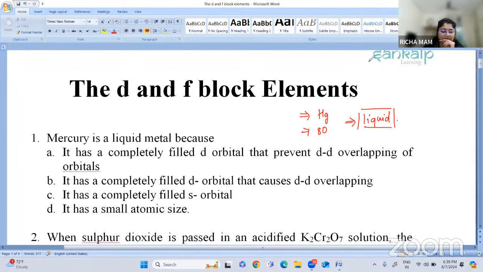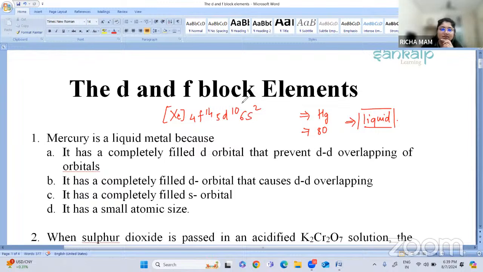So now when you write the electronic configuration of mercury, it is xenon 4f14 5d10 6s2.